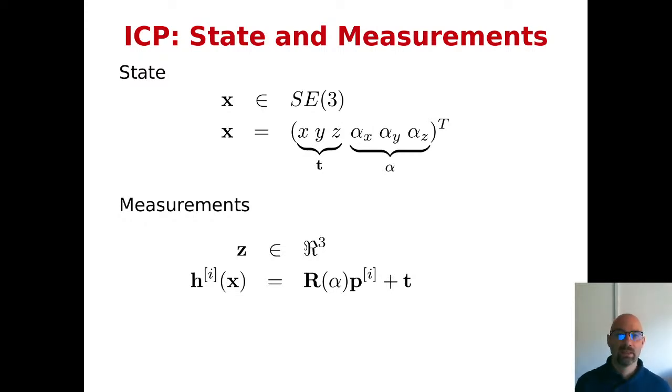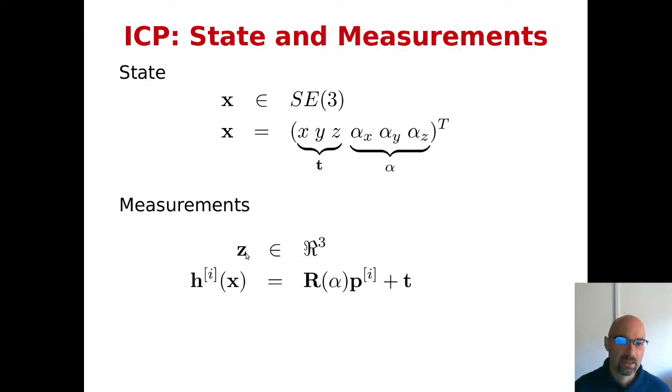But the methodology requires me to qualify the state, and in this case, I know that the state is an SE3 object. So it's ICP in 3D. And I parameterize it through a translation vector and 3 angles, right? Alpha x, alpha y, alpha z, that are the 3 rotations along the 3 axes.